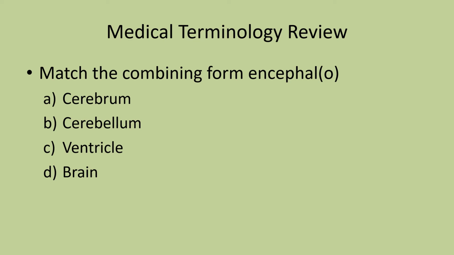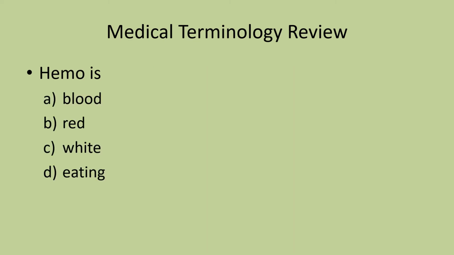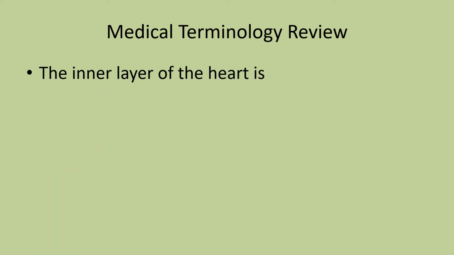Ventricles, of course, are the empty spaces in the brain. Hemo is blood. Easy enough. So some questions will be this easy, but if it's not part of your choices, make sure you select none of the above. Inner layer of the heart.